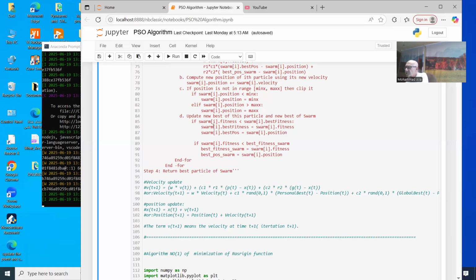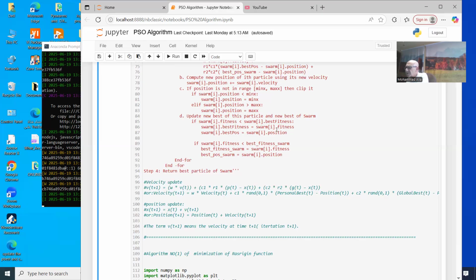Here we use also, as you see, the following inequalities. At first we have to find the fitness of each particle. So for the ith particle, if the fitness of the swarm is less than the best fitness of this particle, we assign this value to the particle.